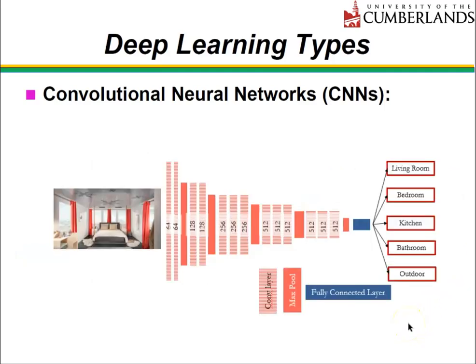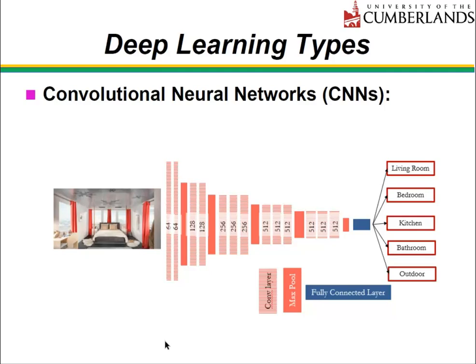This is a real-world example that shows applying this classification to a room. So we have a bedroom photo, and then the convolution and pooling layers extract features, again progressively. And then you can see multiple layers of processing, each extracting increasingly advanced features.